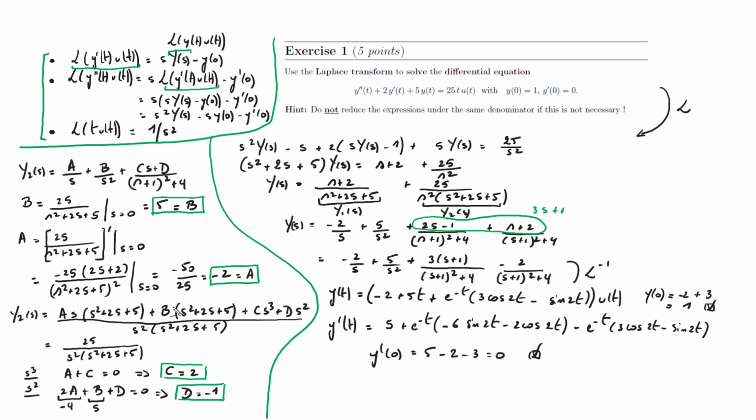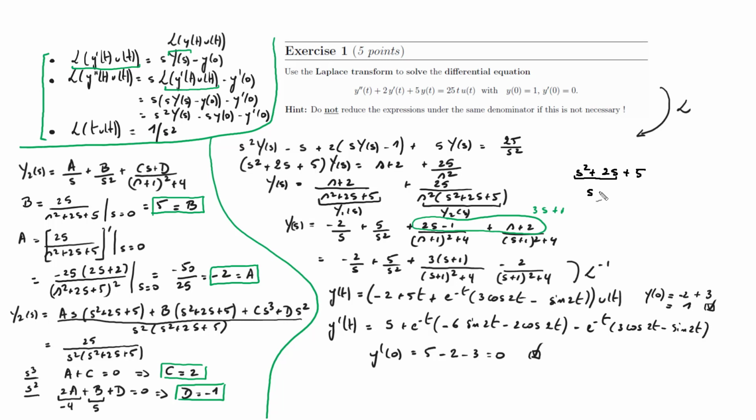This is what is done over here, but before we start, you see here that the denominator is not exactly the same. As you can see, I have rewritten this. Well, s squared plus 2s plus 5, you can rewrite it because you see here this is really easy to construct now a square on this.